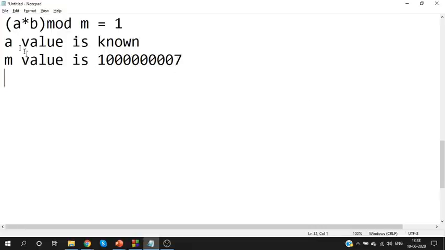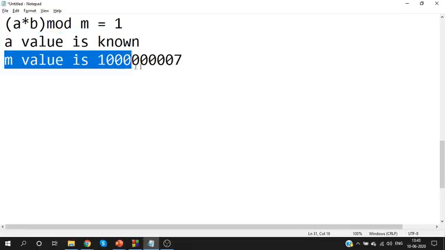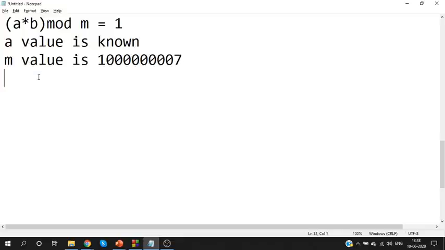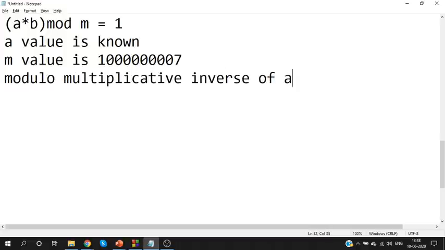You know a value, you know m value. So you need to calculate the modulo multiplicative inverse of a, which means you need to calculate the value of b. Can you understand this? How can I calculate b?